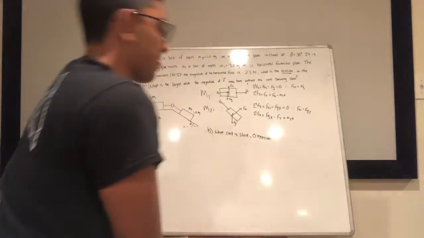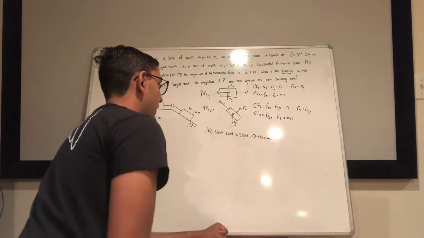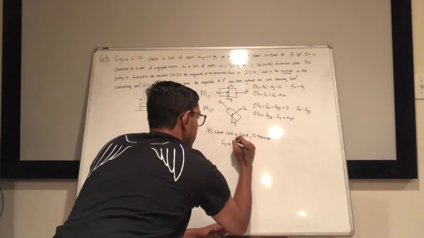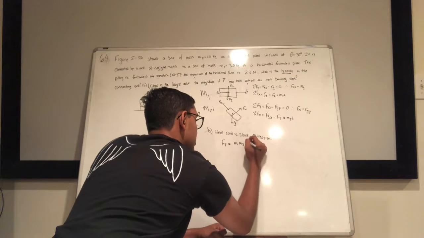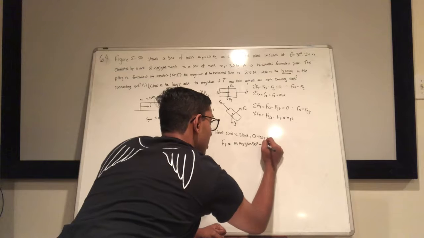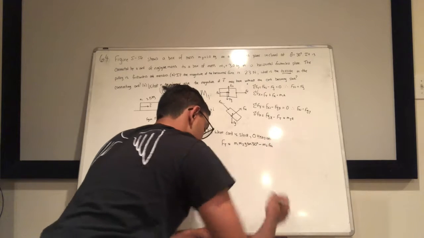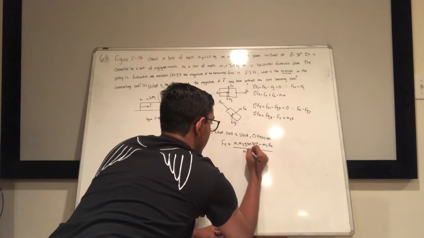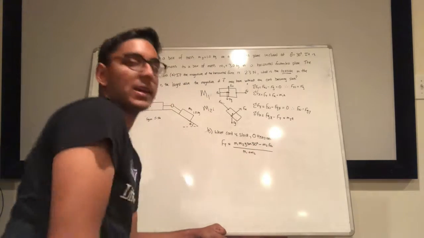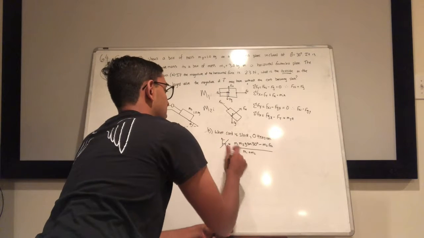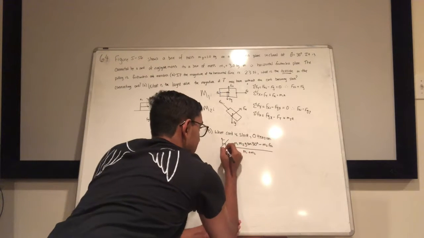Alright, so from part A we had our final equation, so I'm going to rewrite that. Ft is equal to M1 M2 G sine 30 degrees minus M2 Fa, all divided by the sum of the two masses. Now, like I said, there's zero tension, so I can make this 0 and cross multiply, so this side is going to be 0.